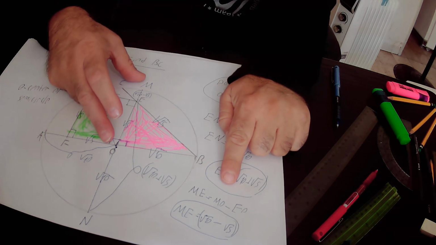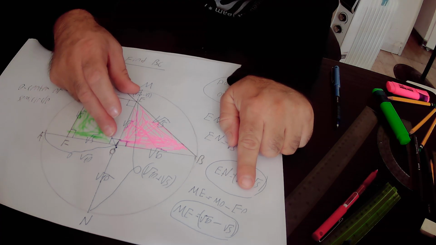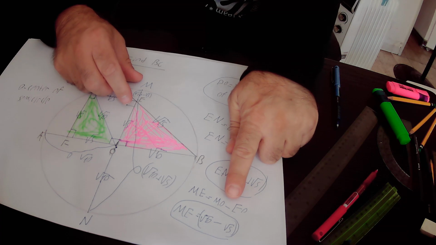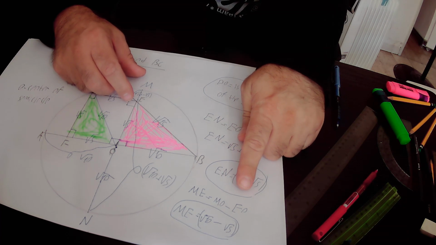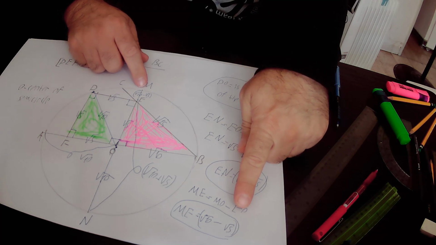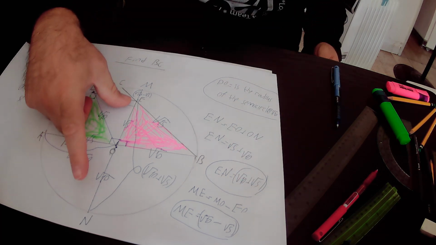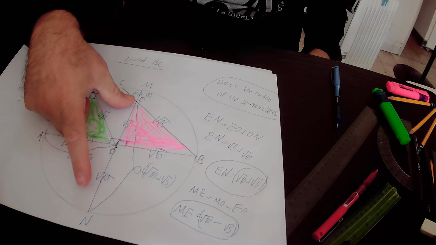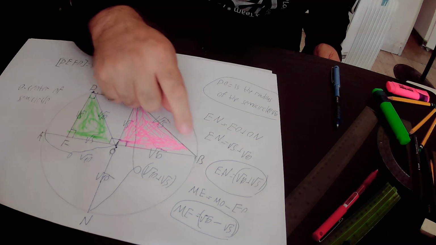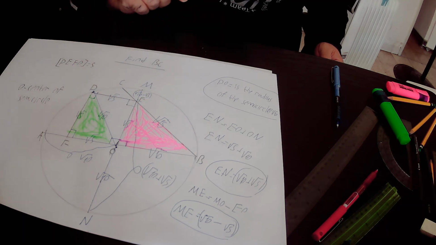MO is the radius of the semicircle, which is equal to the square root of 10 units, minus OE. OE is one side of the square, which is equal to the square root of 5 units. So in conclusion, ME equals the square root of 10 units minus the square root of 5 units, and we have already found that EN equals the square root of 10 units plus the square root of 5 units, and that EB equals the square root of 15 units.